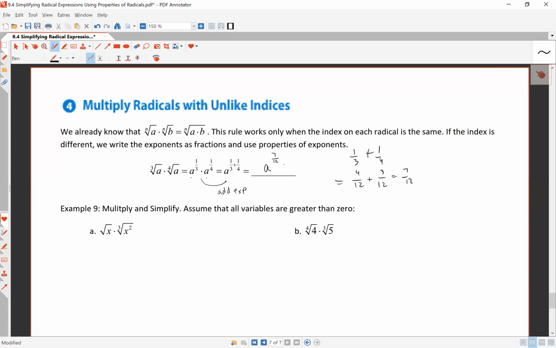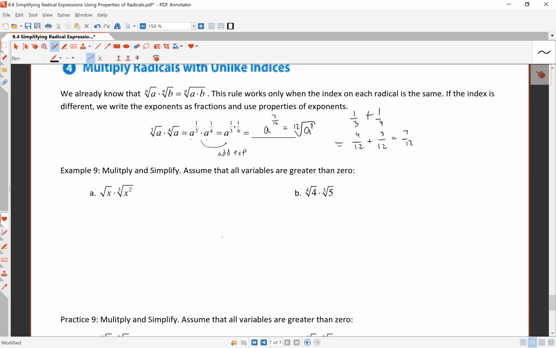And then you can put this back as the 12th root of a to the 7th. Now we have a single radical. So remember, the rule of thumb is when you start in radical notation, end in radical notation.